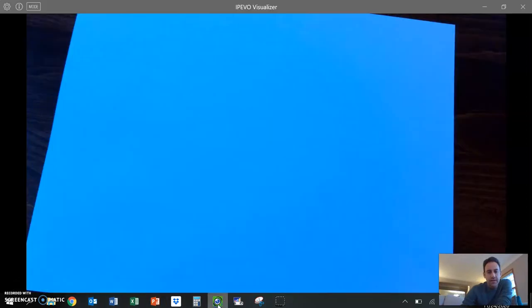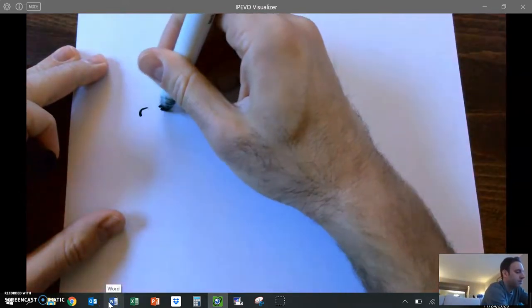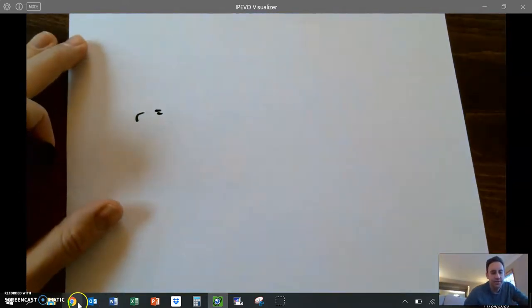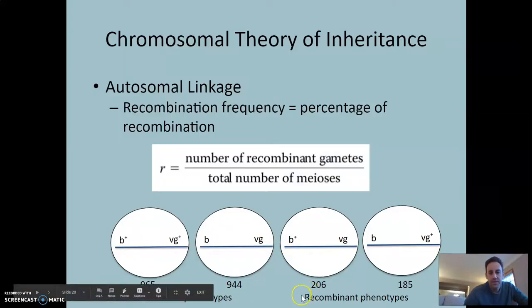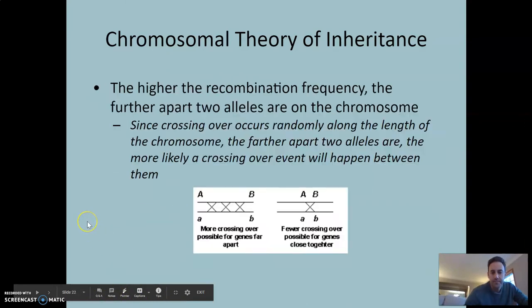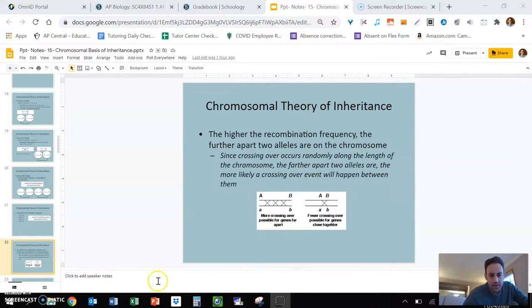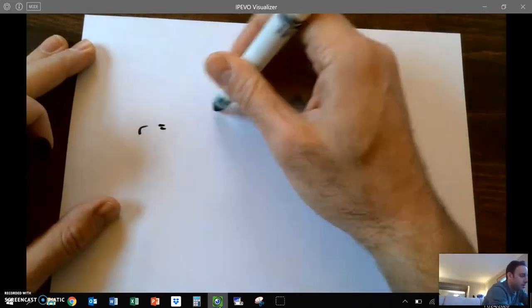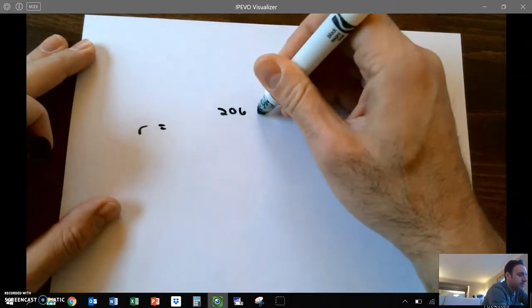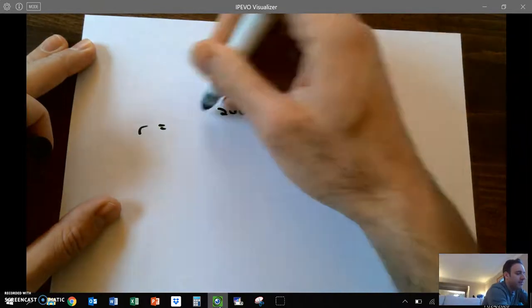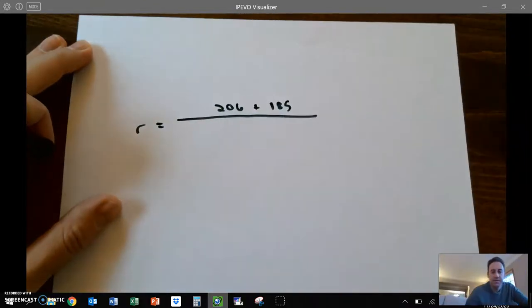So what that looks like, if we were to switch to this piece of paper, is the number of recombinants, I forgot my numbers, is going to be these recombinants. So 206 plus 185, because those were my recombinant phenotypes.